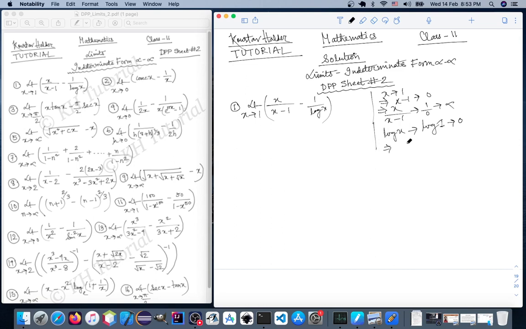This implies 1 by log x tends to 1 by 0, which tends to infinity. So therefore the form is infinity minus infinity. As usual, we would like to simplify the given expression to transform it to the form 0 by 0.